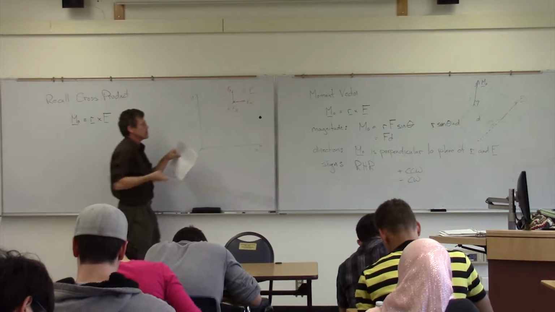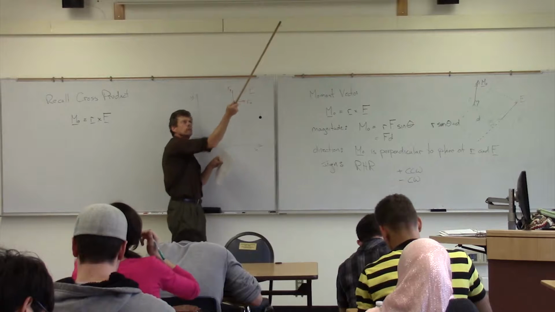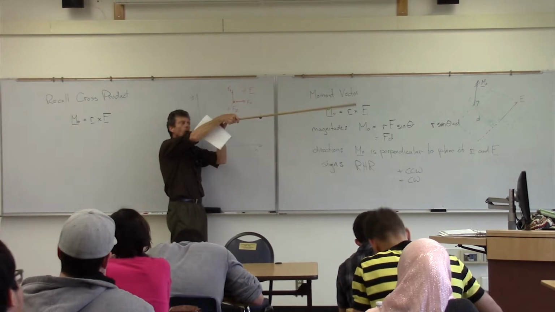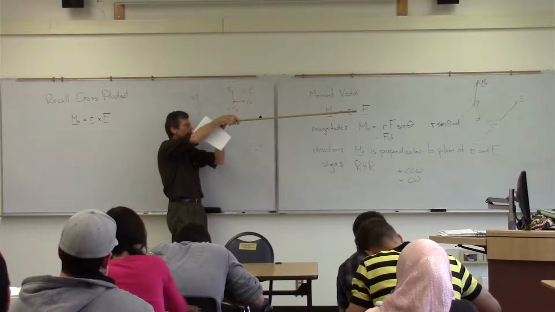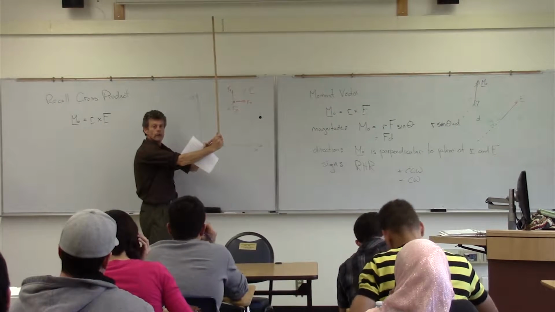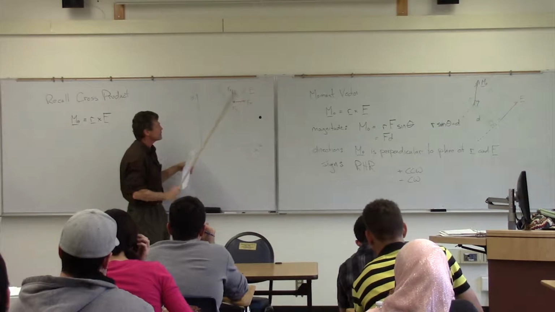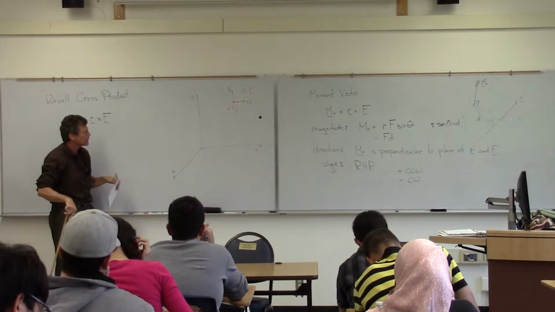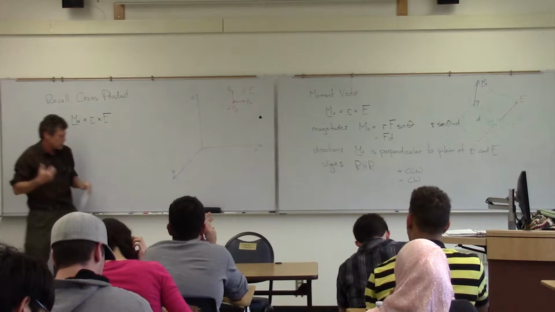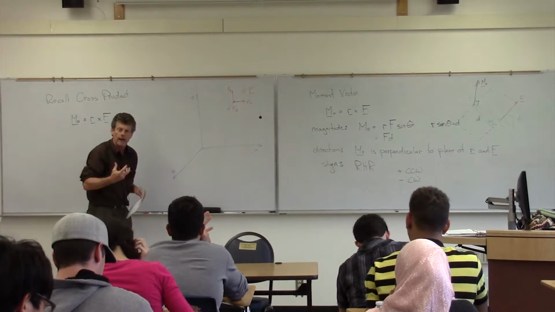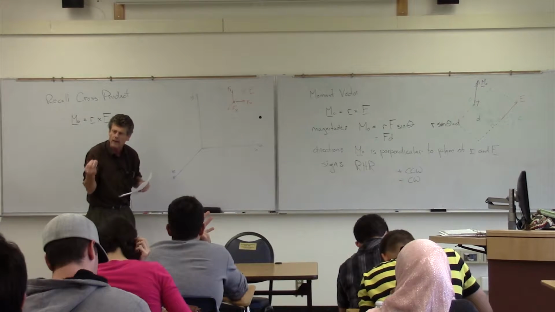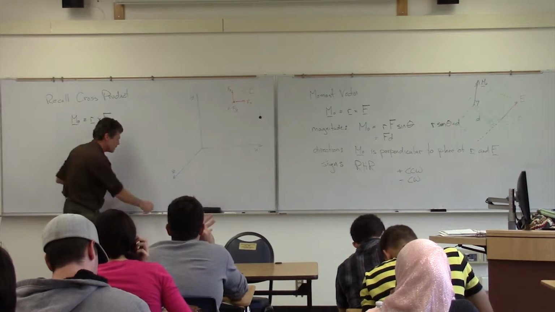I've got this force that's out here in space, and it's pointing off in this direction. I can define the proportion of that in the x direction, the proportion of that in the y direction, and the proportion of that in the z direction. So it's broken up now into x, y, and z components, and that's why we spent all that time trying to come up with that using the 2 points or angles. We want to get it into x, y, and z components. We can manipulate it then.